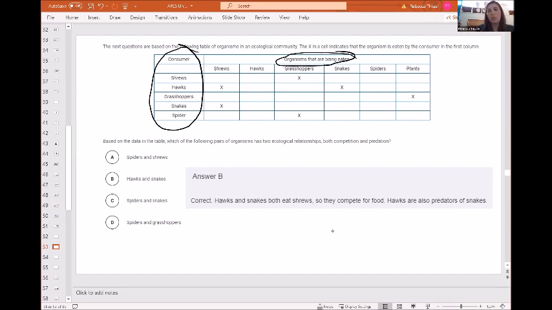So like shrews eat grasshoppers, hawks eat shrews, and snakes eat shrews. So these hawks want shrews, but so do these snakes. So they are definitely in direct competition. But hawks are able to eat snakes, not the other way around. So they're definitely being preyed upon as well.